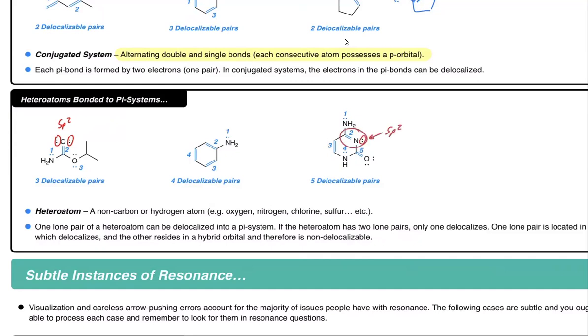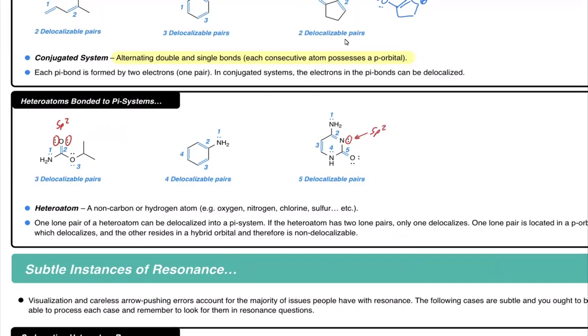Its p orbital is already preoccupied forming that pi bond. So the lone pair cannot be in a p orbital. When we think about lone pairs that can resonate, we're usually referring to a lone pair atom that is visually singly bonded and adjacent to a pi system. That nitrogen being doubly bonded in a ring, its lone pair cannot be in a p orbital and resonate. There's a total of 5 delocalizable pairs.